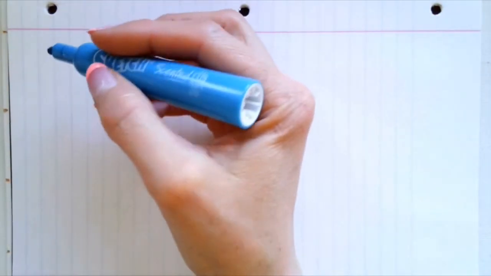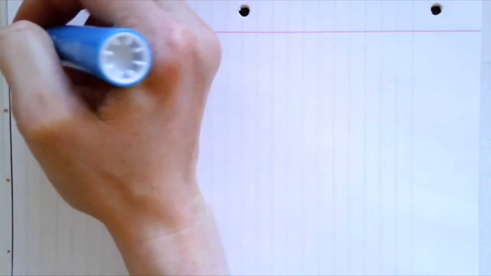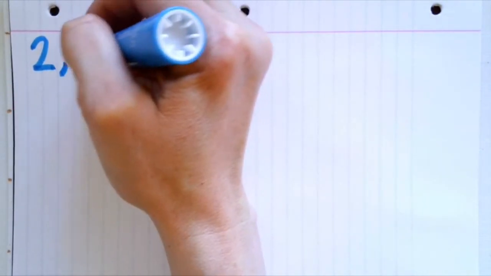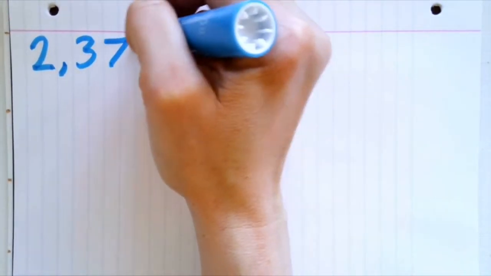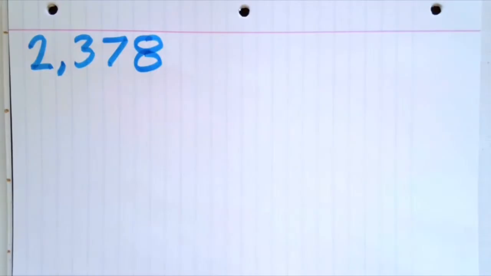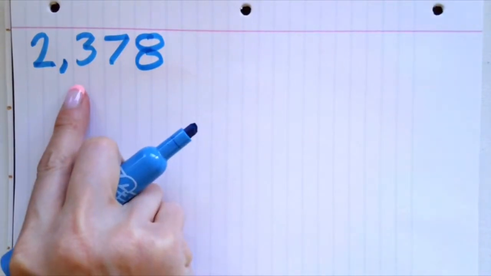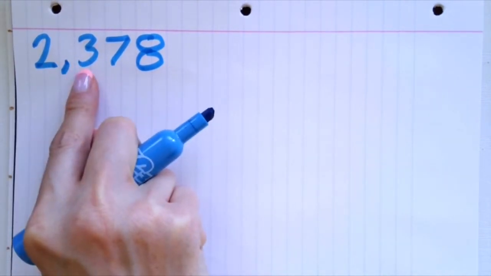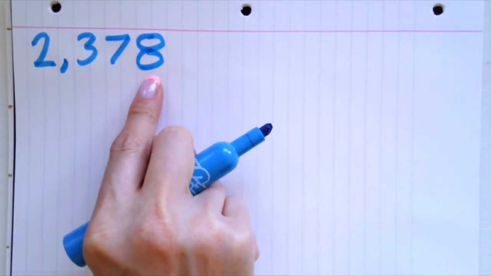All right, write another set of numbers with me. Again, your paper is sideways, going the long way across. How do you say this number? 2,378.